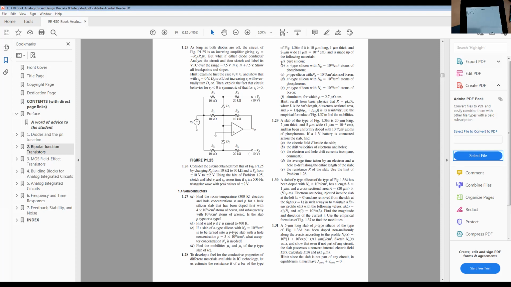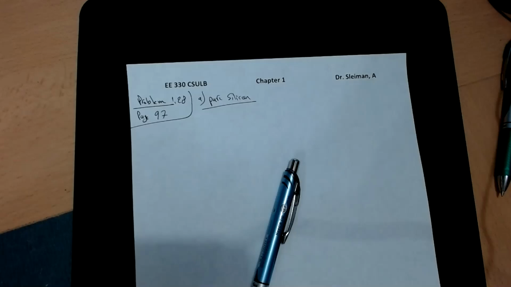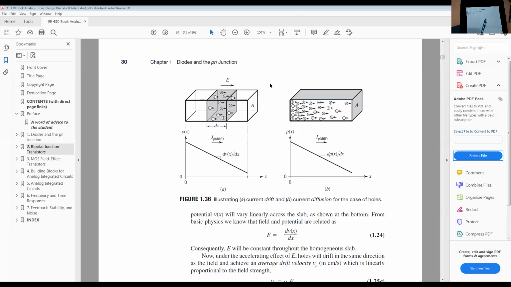First, we're going to consider it as pure silicon. So let me put the figure 1.36a.